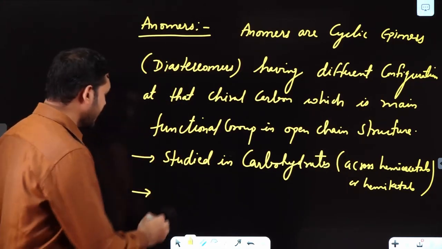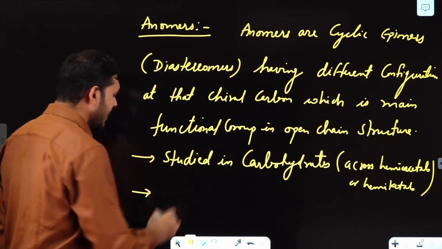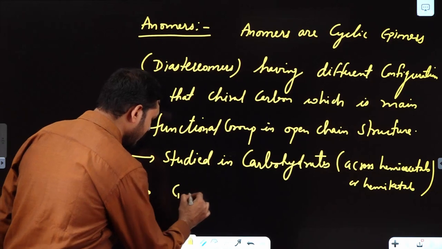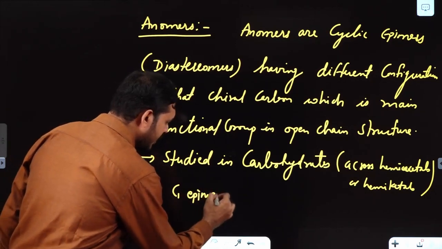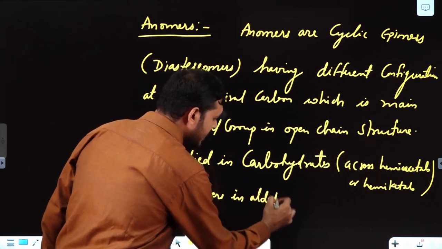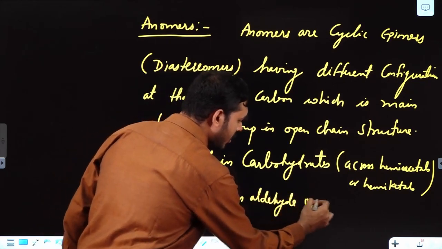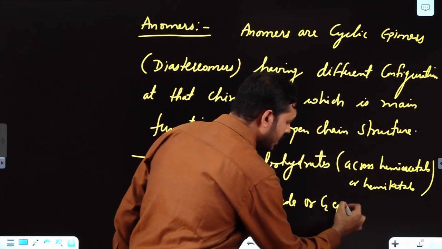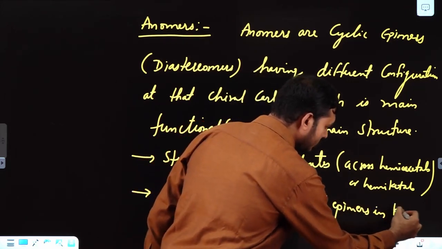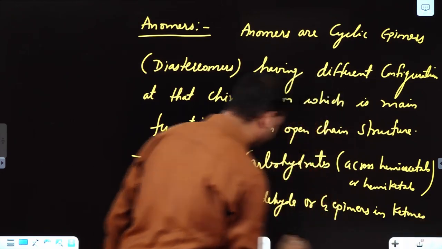One more thing I can say, generally it is said that anomers are C1 epimers in aldehydes or C2 epimers in ketones.